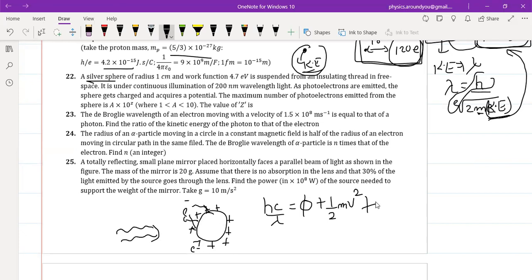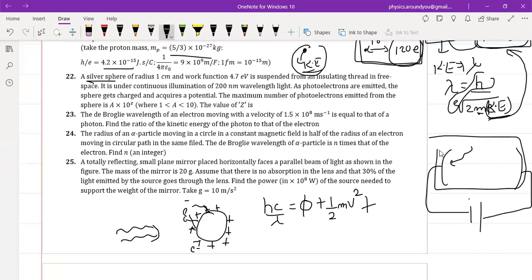Why wasn't it happening in the photoelectric effect setup? Why didn't I use the potential energy term there? Because that term was taken care of by the battery.